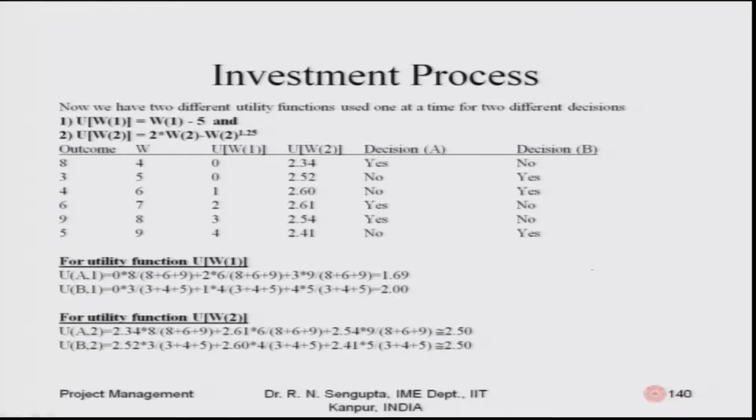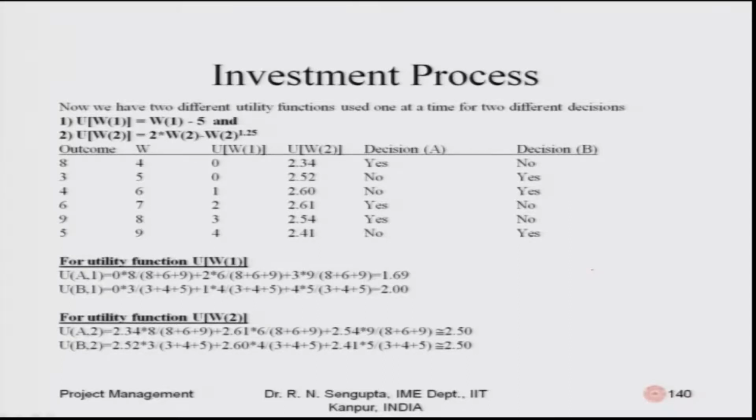Now, for decision A, yes and no's are given. How do I utilize them? Consider the first term. This is the utility value which is coming from here, 0, and why this term 8 divided by 8 plus 6 plus 9? Because out of the outcomes, if you see, this is yes, this is yes and this is yes. That means 8 divided by the total numbers, which is 8 plus 6 plus 9.